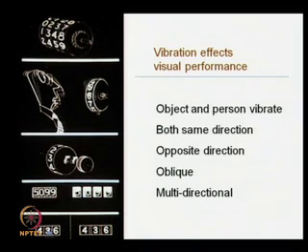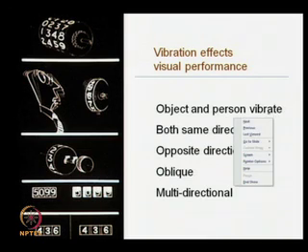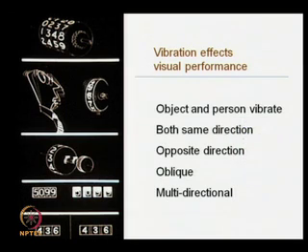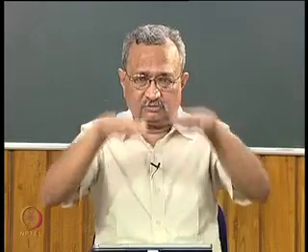Now, vibration affects visual performance. If I want to read something, these figures, and if it vibrates, then it is difficult to read this kind of information. So, object and person both vibrate in the same direction, means the object is also moving, the person is also moving.